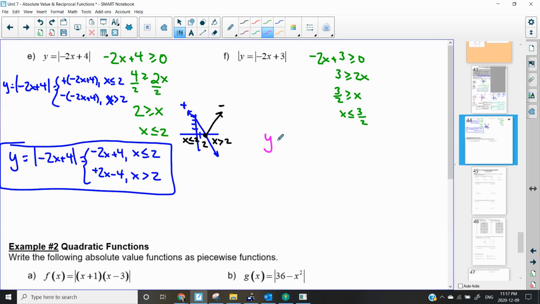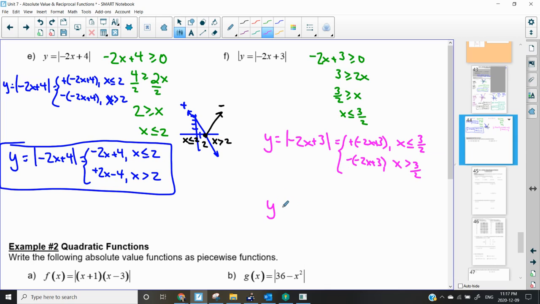So setting up our piecewise function, we have y equals the absolute value of negative 2x plus 3. The function is positive when x is less than or equal to 3 over 2, or 1.5, and the function is negative when x is greater than 3 over 2.